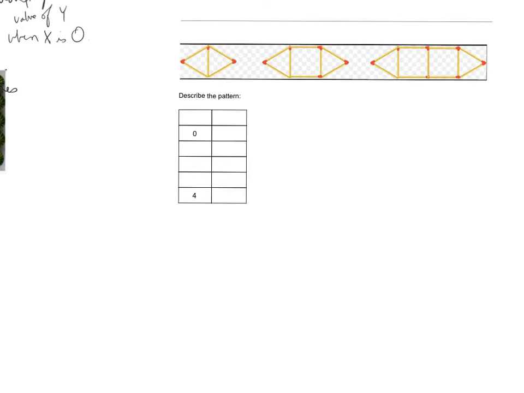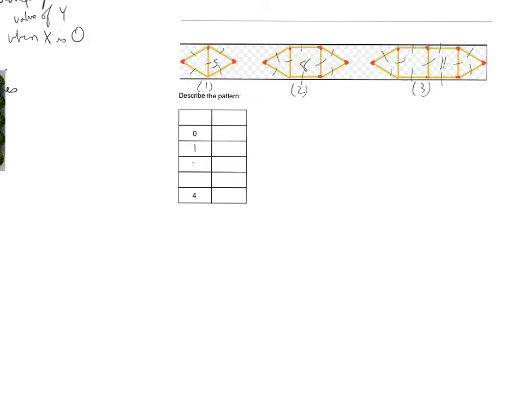So I'm going to look at these and I see that there's 1, 2, 3, 4, 5 in this one. 1, 2, 3, 4, 5, 6, 7, 8 in this one. 1, 2, 3, 4, 5, 6, 7, 8, 9, 10, 11 in this one. Okay, so I notice as we move down the figures, we'll call this figure 1, figure 2, figure 3. We'll notice that we are increasing by 3 each time we move down there.